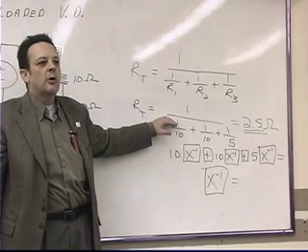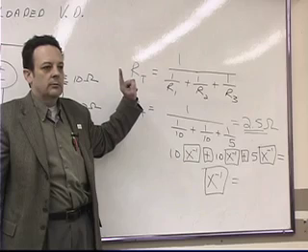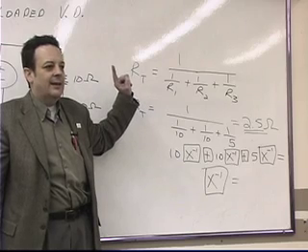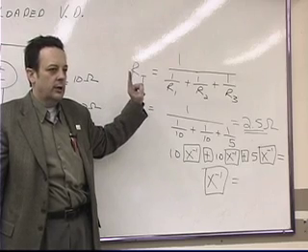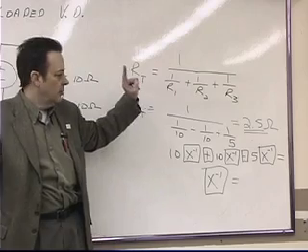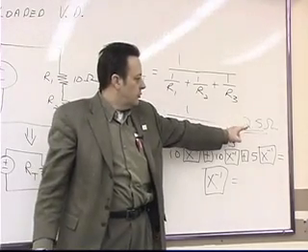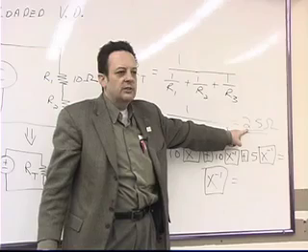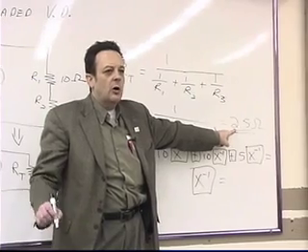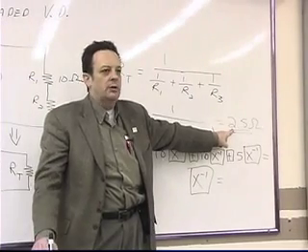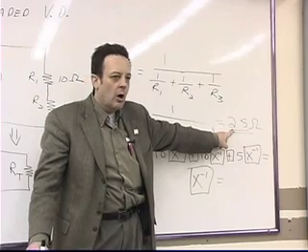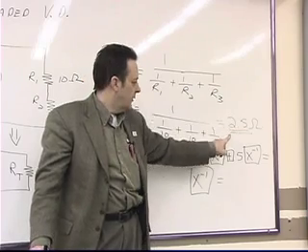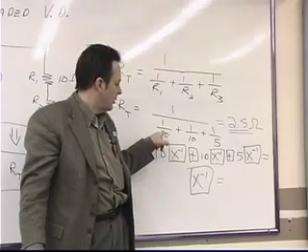The most important thing is that in a parallel circuit, the total equivalent resistance is always smaller than the smallest resistor in the circuit.